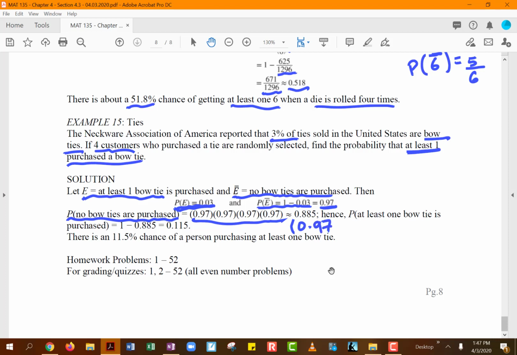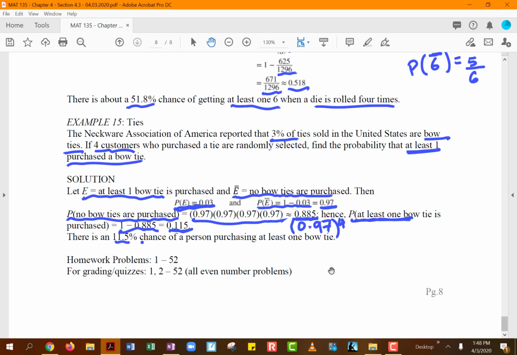You can write this as 0.97 raised to the 4th power, which would end up giving you this answer right here, 0.885. So when you're trying to find the probability that at least one bow tie is purchased, that would be 1 minus 0.885. And that comes out to be a small probability of 0.115.